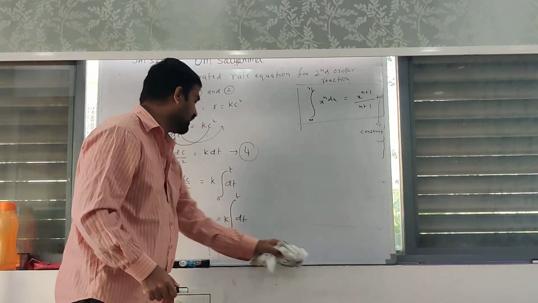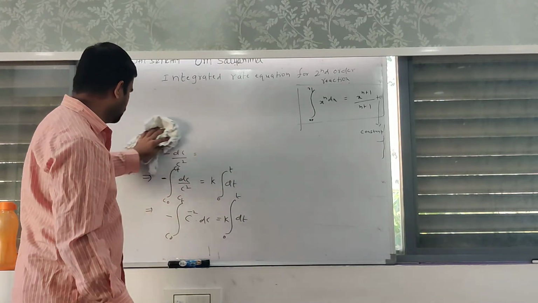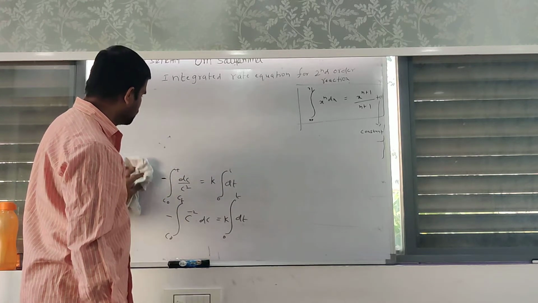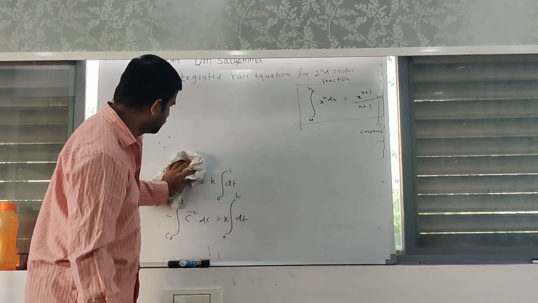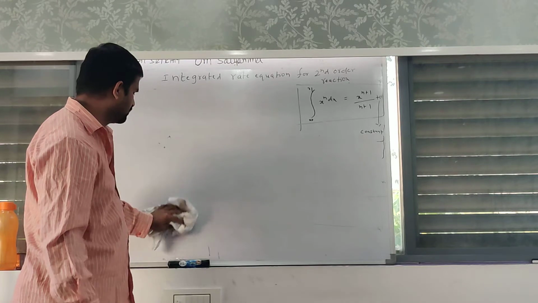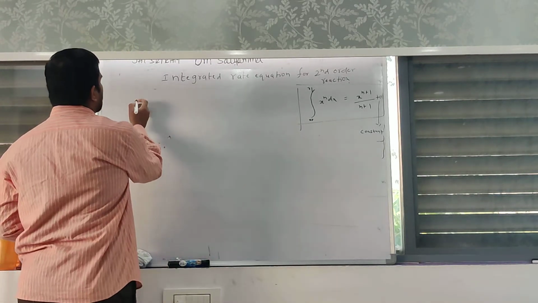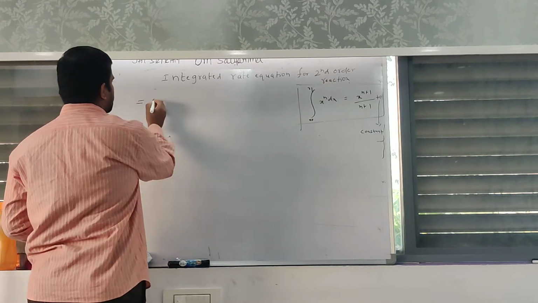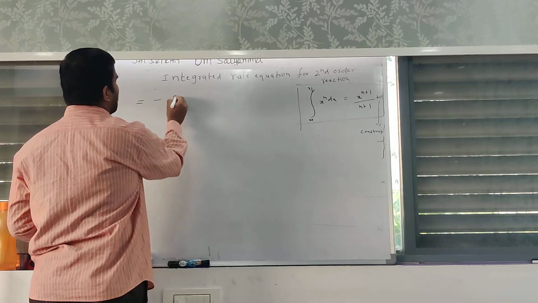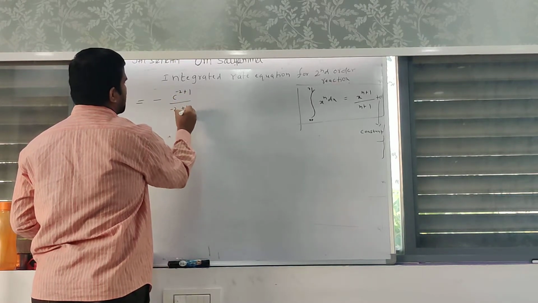Finally, the equation becomes c minus 2 plus 1 by minus 2 plus 1.